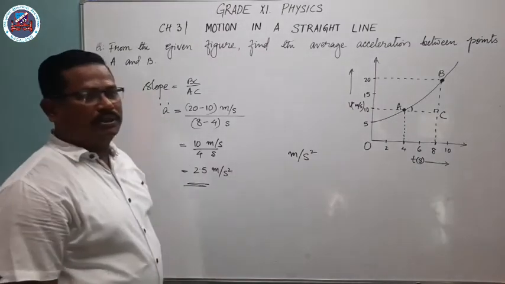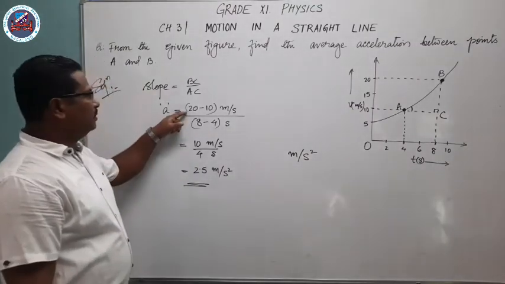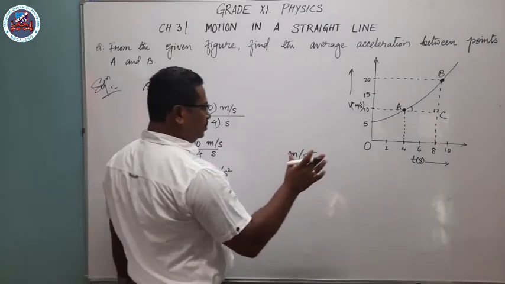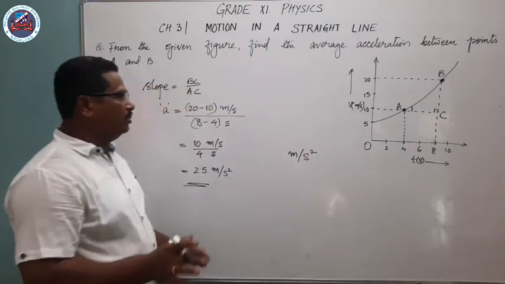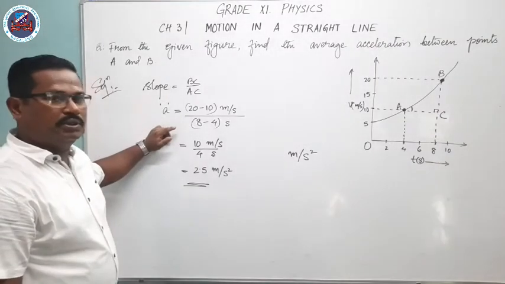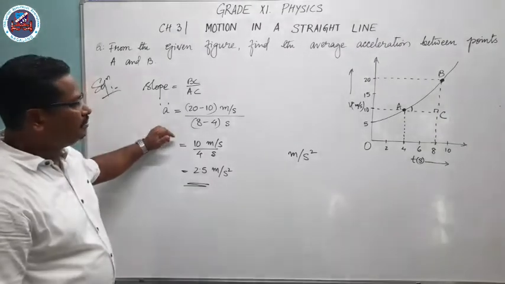Acceleration is a vector quantity, because velocity is a vector quantity. So acceleration is also a vector quantity. It shows direction as well. It can be positive acceleration, it can be negative acceleration also. The answer can come out negative as well.